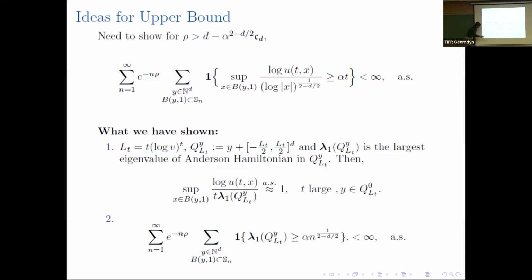Now one needs to understand how to tackle the tail probability of this largest eigenvalue of the parabolic Anderson model, and as it turns out, one needs to study large deviation type probabilities for this largest eigenvalue.